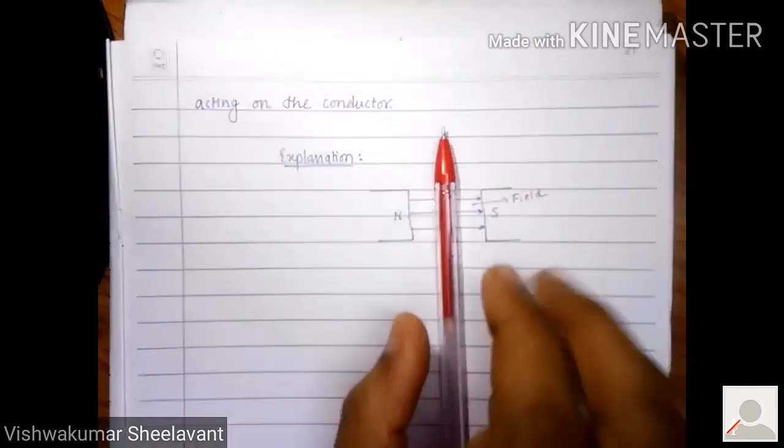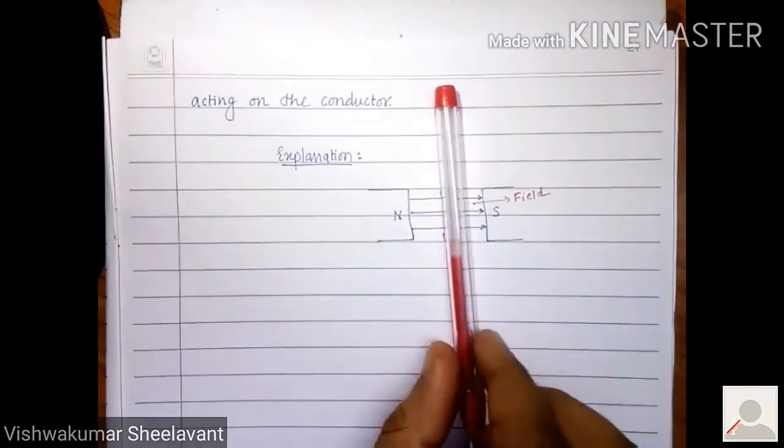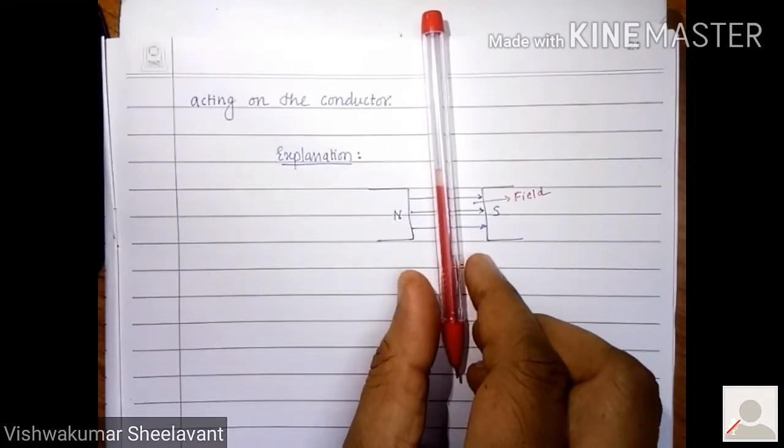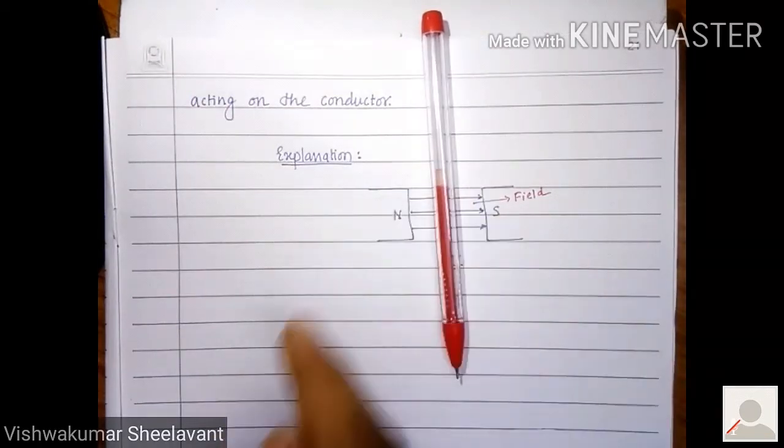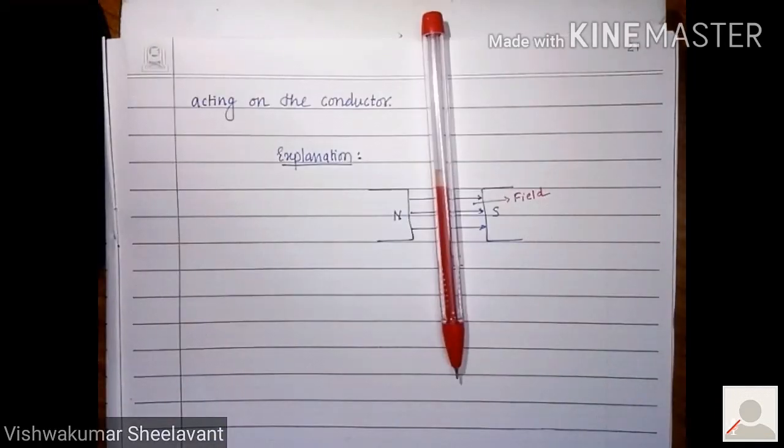Similarly, keeping the direction of current the same, you reverse the direction of magnetic field. See what happens.